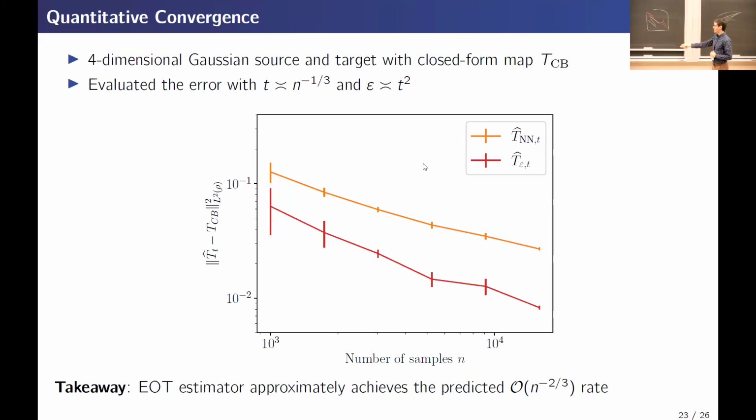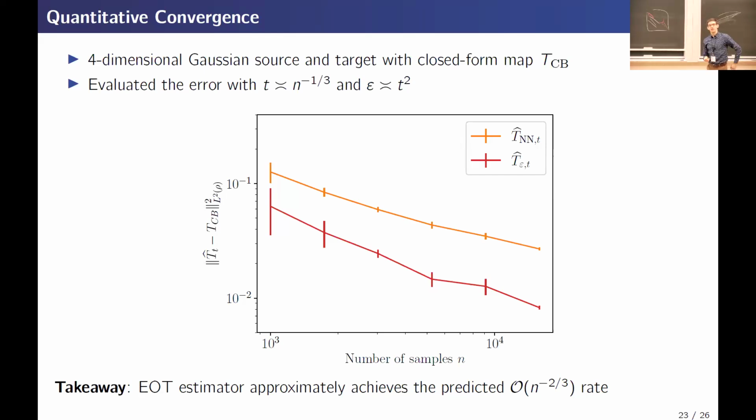And we're roughly getting this order n to the minus 2/3 rate for the error. You can compare this to what Aram and I could do in terms of manual hyperparameter tuning for some neural network-based estimators, which are actually converging slightly slower, interestingly.